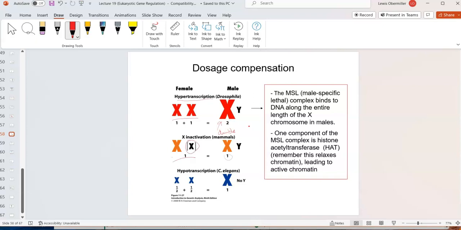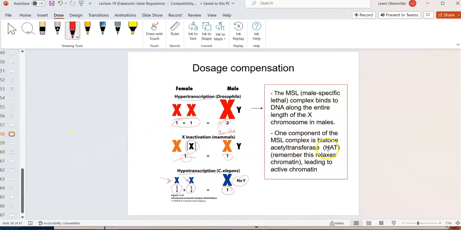So we get 1 unit of X product. This one is 2 units, 2 units. So they're all equal. And then we have hypotranscription. So in the female, it's reduced by half, where in the male, there's no Y chromosome, and so it's double expressed, so that they're all equal. Males and females have the same dosage of gene product from their chromosomes.